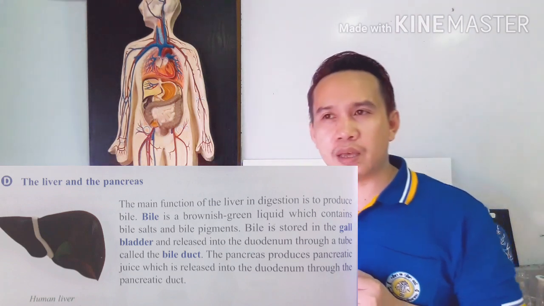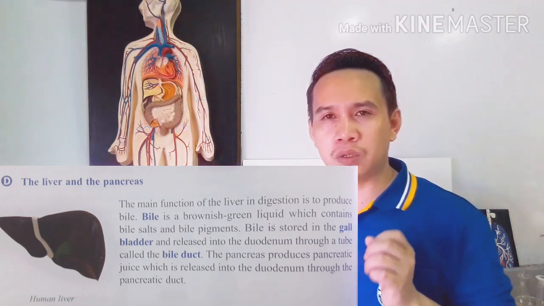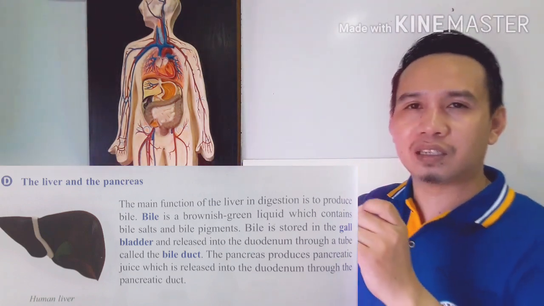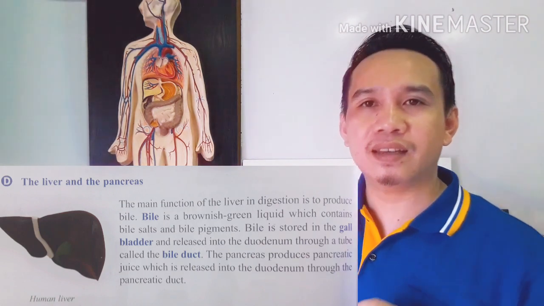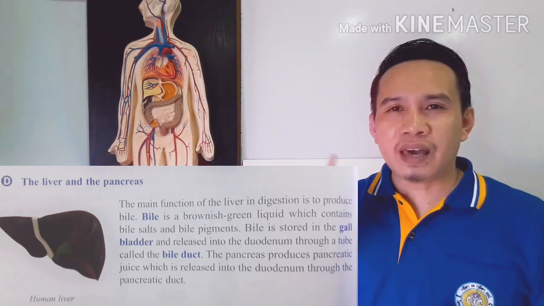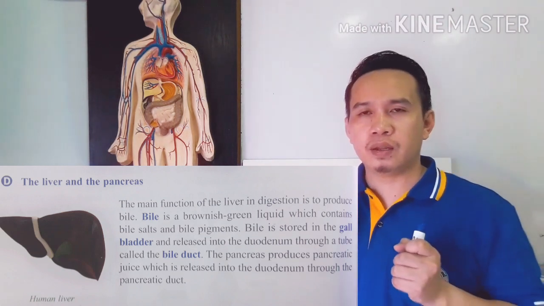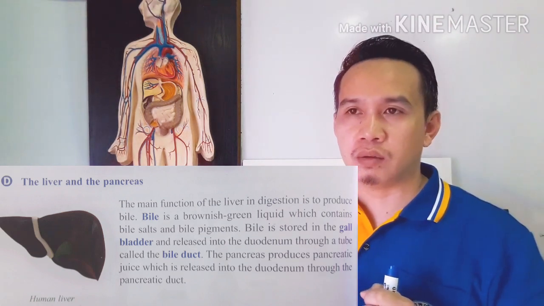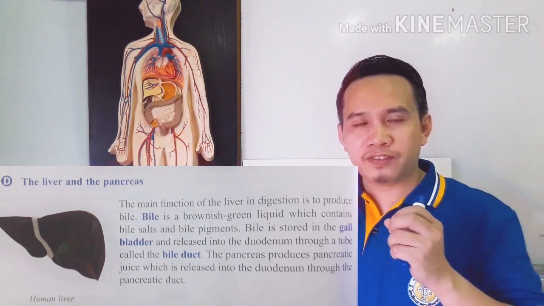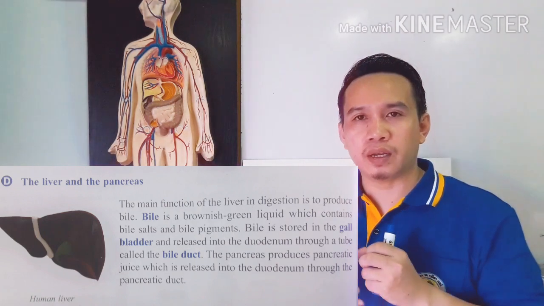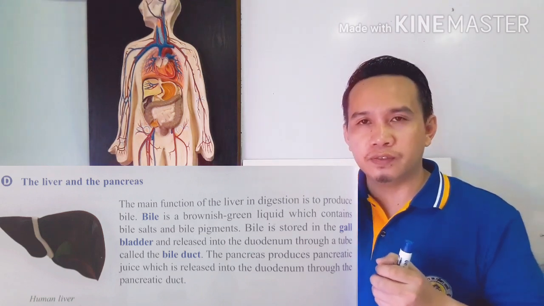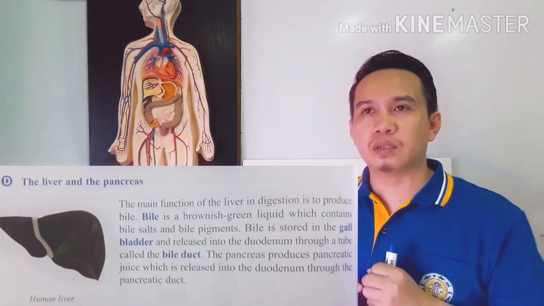The pancreas produces pancreatic juice which is released into the duodenum through the pancreatic duct. That's the way the liver and the pancreas work, right? They are also used to filter important or toxic waste products during the food digestion process.